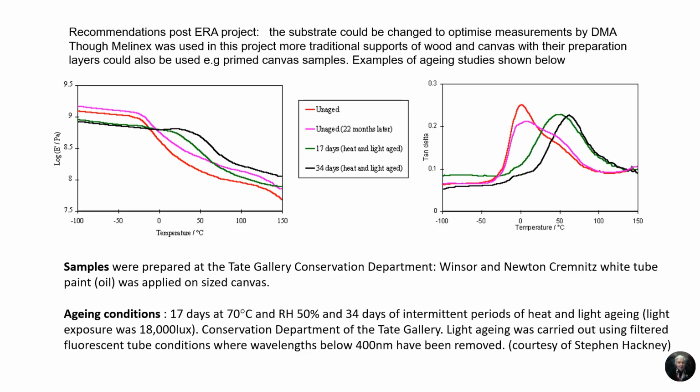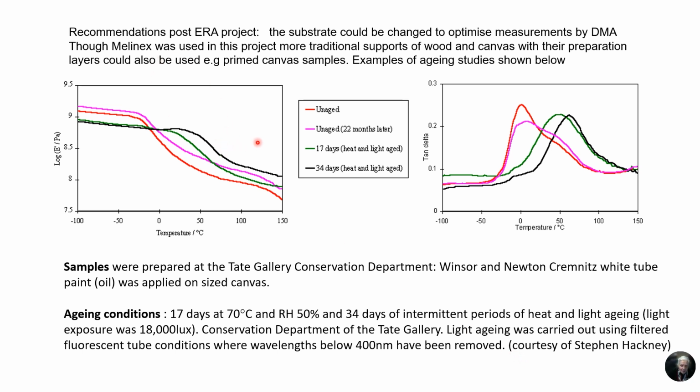Anyway, recommendations for DMA post-ERA project. The substrate could be changed to optimize measurements by DMA. So though Melanex was used in this project, more traditional supports of wood and canvas with their preparation layers could also be used, e.g. primed canvas samples. And here's an example of aging studies on primed canvas samples.